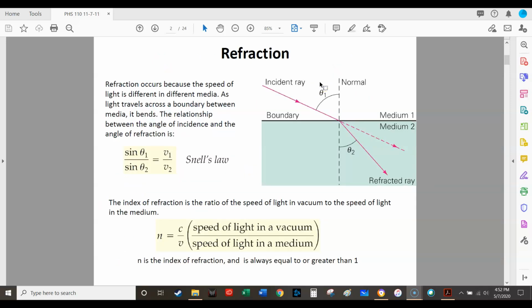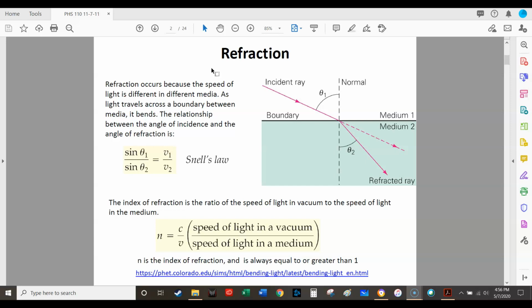Refraction of light occurs because a beam of light, an incident ray, will bend as it goes from one medium into another medium. If you've ever put a pencil or a ruler or even a swimming pool scooper into the water, you see it kind of bend.